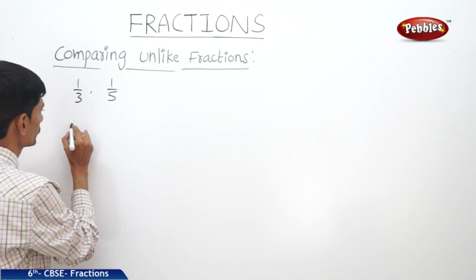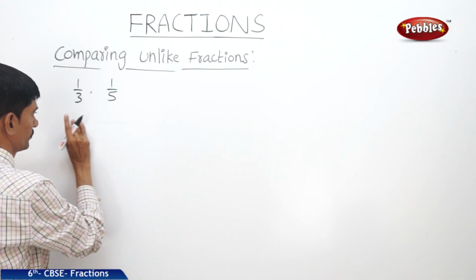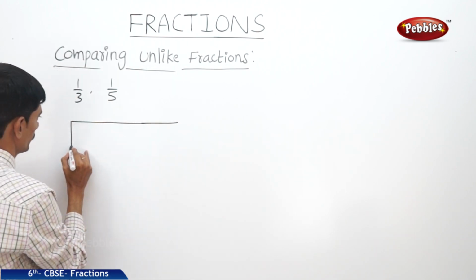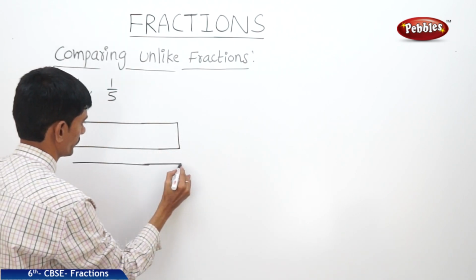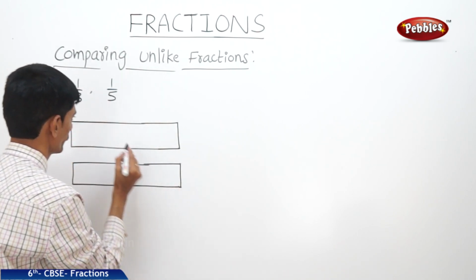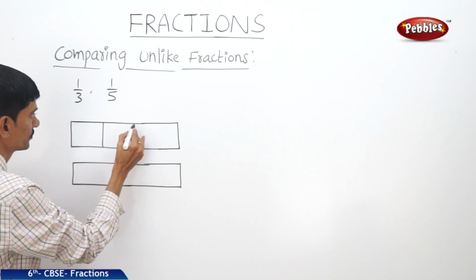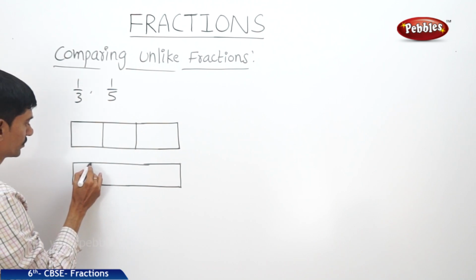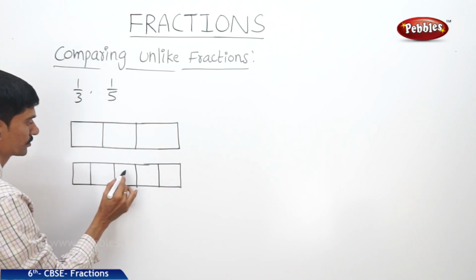Now let us take two rectangles. The first rectangle is divided into 3 equal parts, 1, 2, 3, and the second rectangle is divided into 5 equal parts, 1, 2, 3, 4, 5.